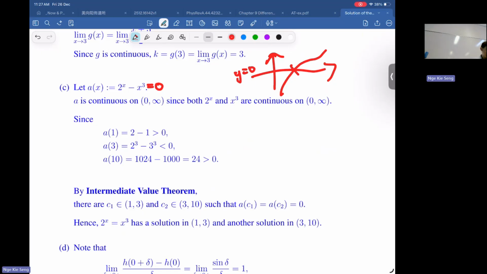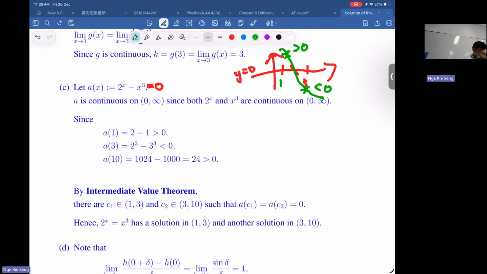When this function is applied at 1, it goes to negative, sorry, the other way around. Let's draw it again. When x equals 1, it is positive. When x equals 3, it is negative. So here is greater than 0, here is less than 0.